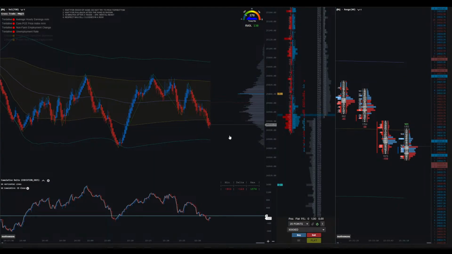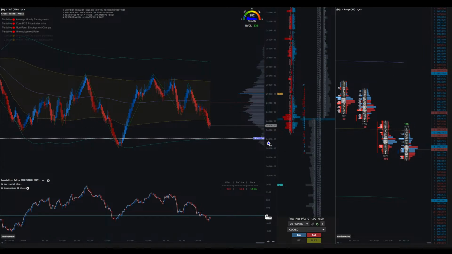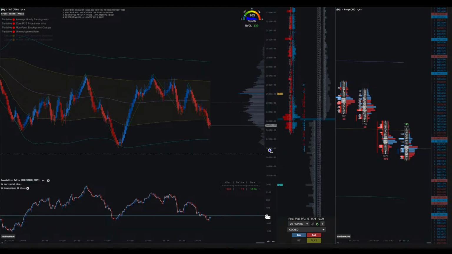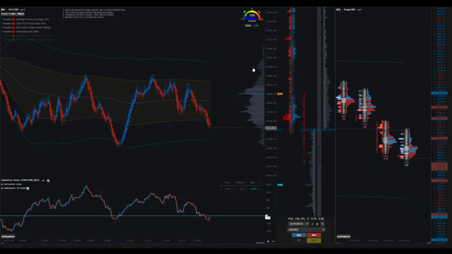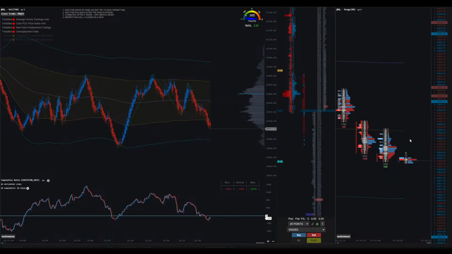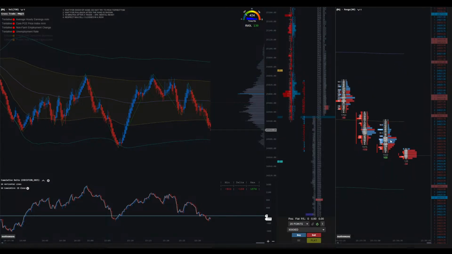Can we buy bid? Can we find bid somewhere here? If not, then run this low. But something might shift. Look at that.